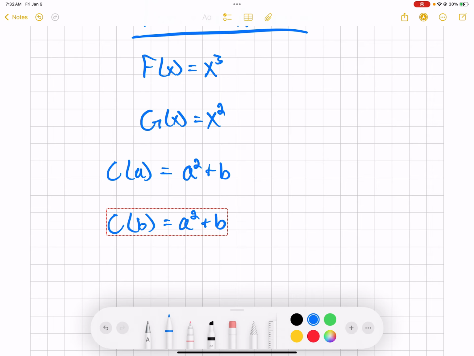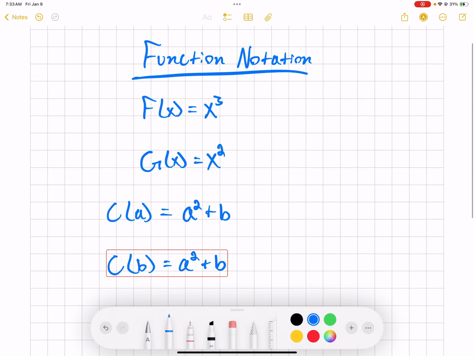because function notation helps me distinguish that. So the two main reasons for function notation: one is so that you can assign a name to a specific function. In order for us to be able to talk about things, we need to give them names. In order to be able to discuss concepts and ideas, we need to assign names to them. So function notation allows us to assign names to mathematical relationships.